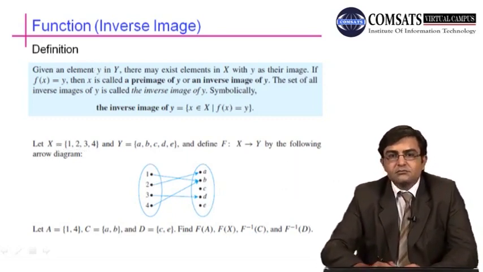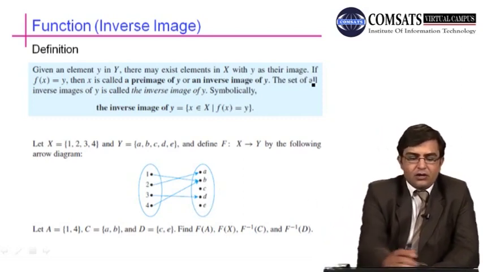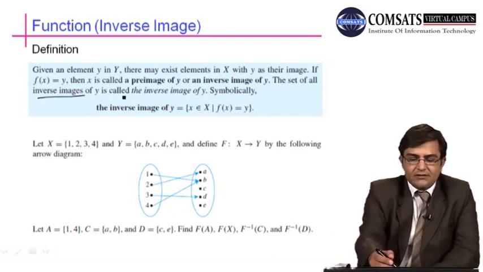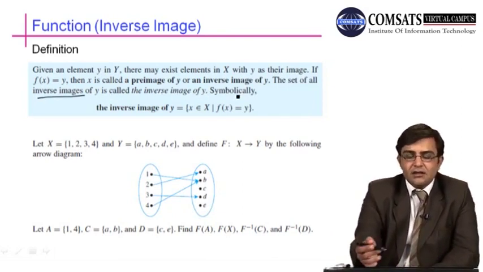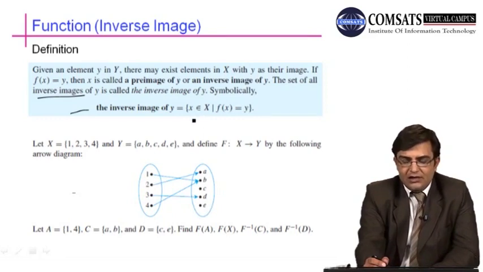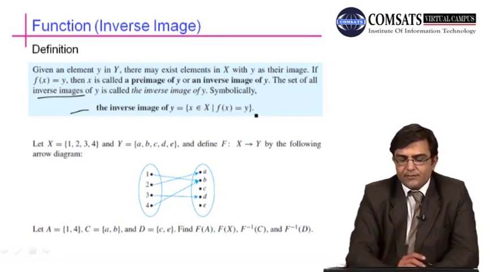The set of all inverse images of y is called the inverse image of y. Symbolically we write it as: the inverse image of y is all those elements x of X such that f of x is equal to y.